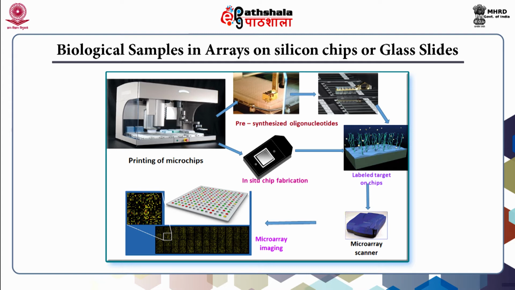The printing of chips includes the pre-synthesized oligonucleotides, wherein already pre-ordered oligonucleotide primers are deposited onto the slides. The other method includes the in situ chip manufacturing, where the labeled DNA primers are added on the chip itself.